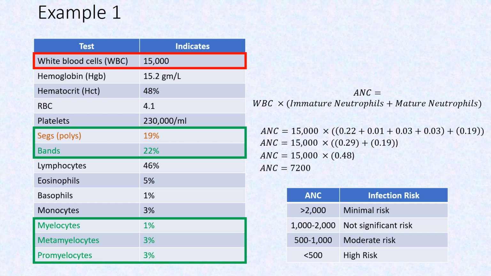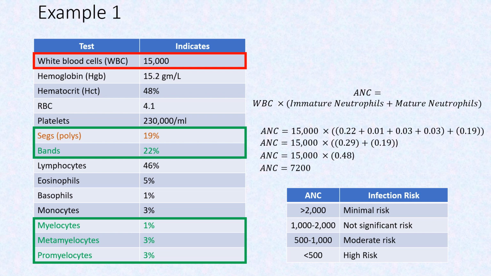The immature neutrophils are the bands, myelocytes, metamyelocytes, and promyelocytes. All of these are added together and plugged into the formula, but the percentage will be entered into the formula in the decimal form. The white blood cells are reported in cell count per microliter and entered into the formula.